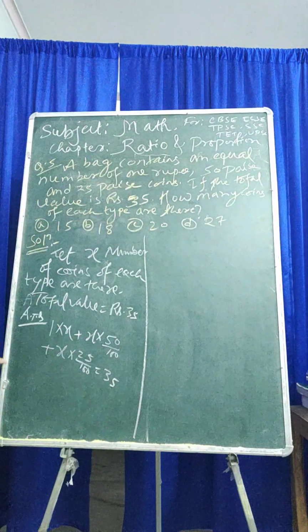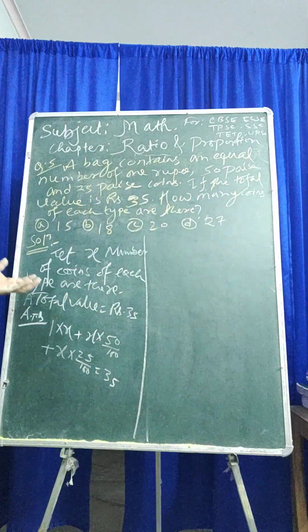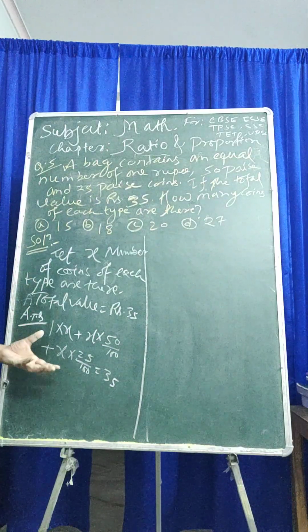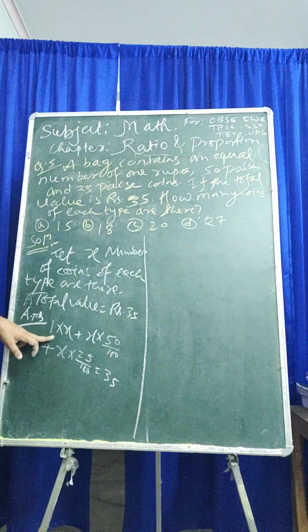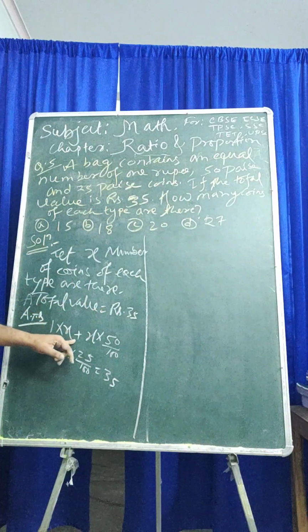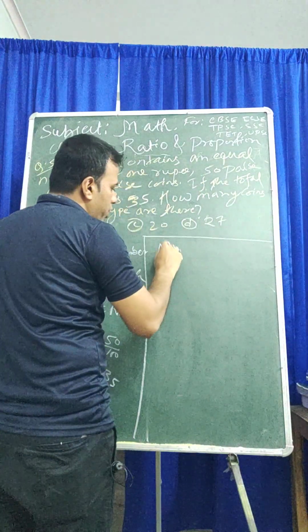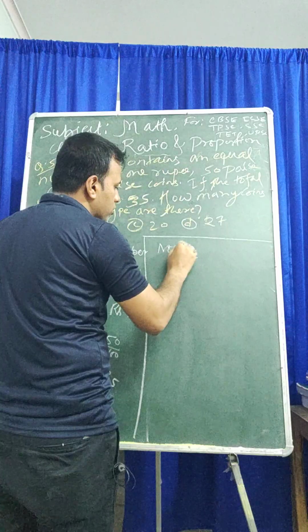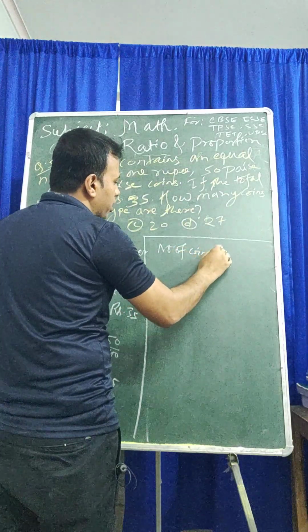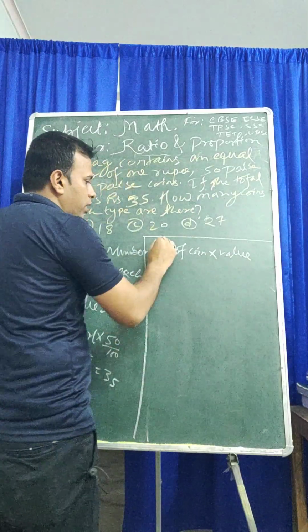If you understand this equation, you can do any question related to these topics, that is coin problems. 1 rupee value is what? 1, and the number of coins is here x. So you have to multiply, that is one formula: number of coins into value, okay, you have to multiply it.